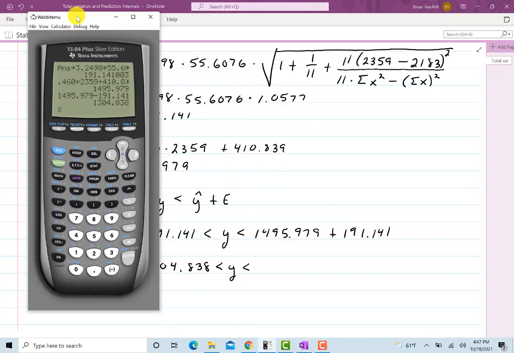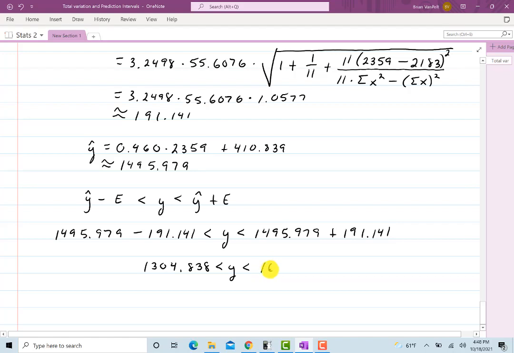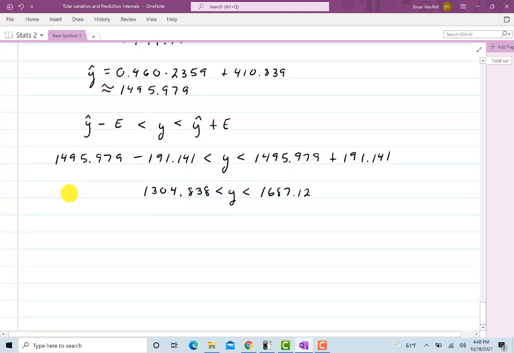Then we have 1495.979 plus 191.141, 1687.12. These are in thousands. Keep that in mind. So our interval looks like that, or another way of looking at it is this way: 1304.838, comma, 1687.12. Either one of those should be fine.